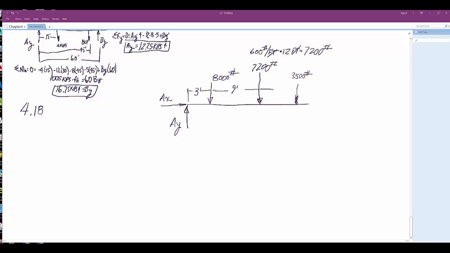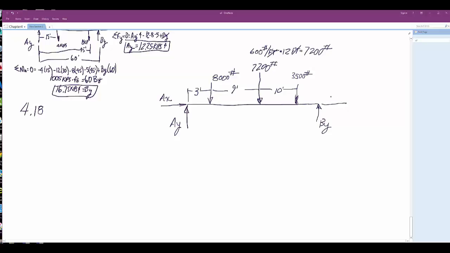Distance between those two, again from that edge, we've got 6 feet to the right edge of the evenly distributed load plus 4 feet, so that's 10 feet. And then we go another 2 feet to the BY. There is probably some type of a force pushing back up.